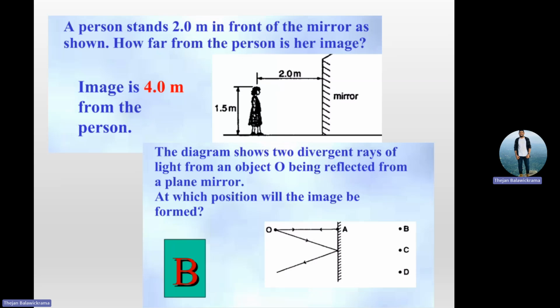This is a plane mirror, so it must be specular reflection, and the angle should be neatly equal. Then we extend the angle backwards, because the image is virtual. We draw the rays and extend both backwards to meet.